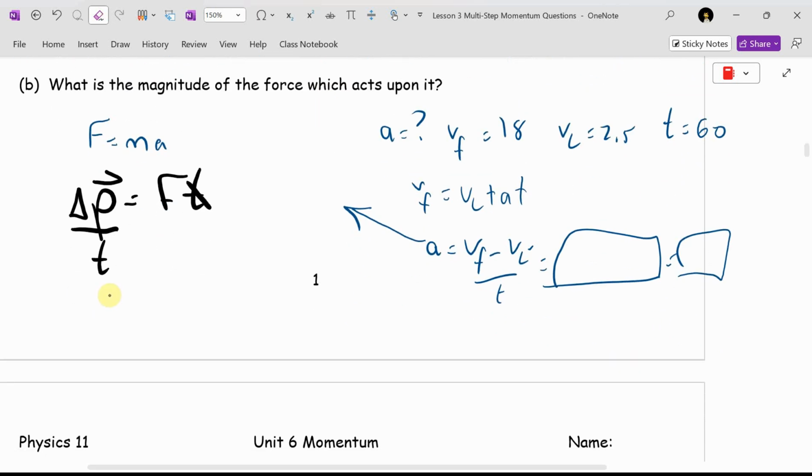Scroll down a little bit. F equals, what was the impulse? Was it 54.25, Alexia? Is that what it was? And then what was the time? 60. What's the force? It's going to be just under 100, something in the 90s, I think, but I can't do much more than that.